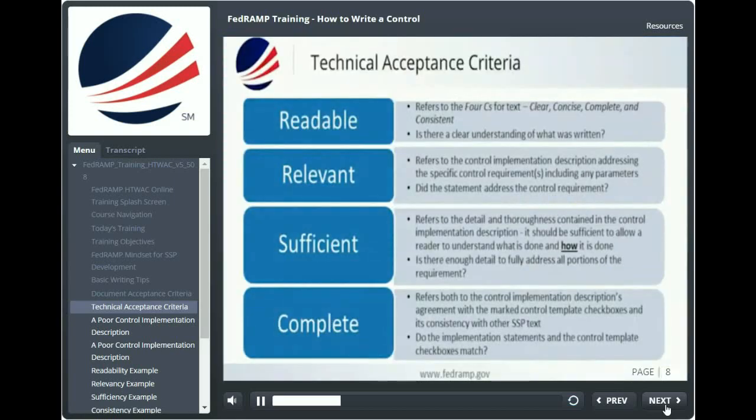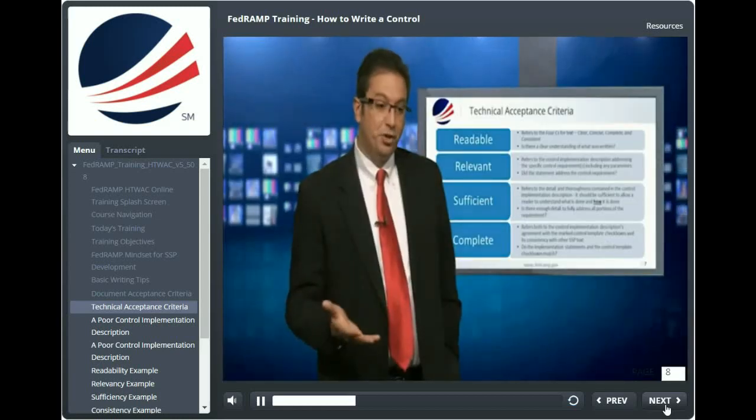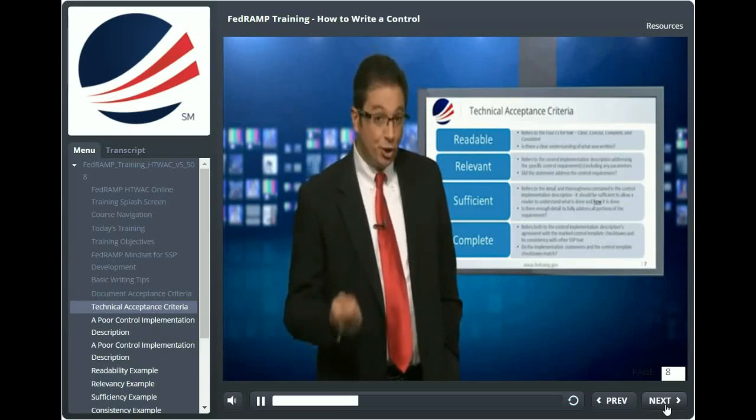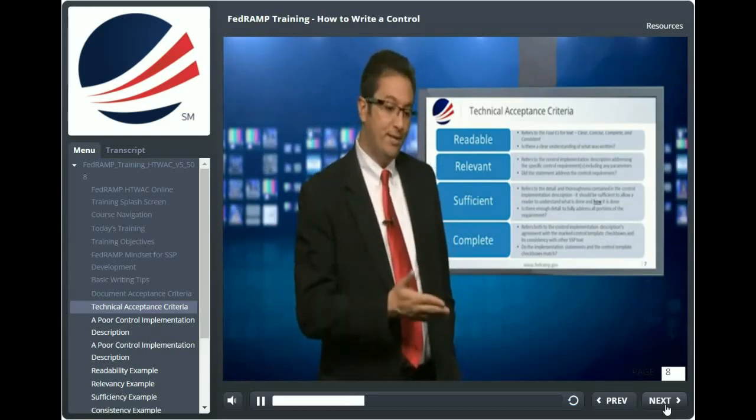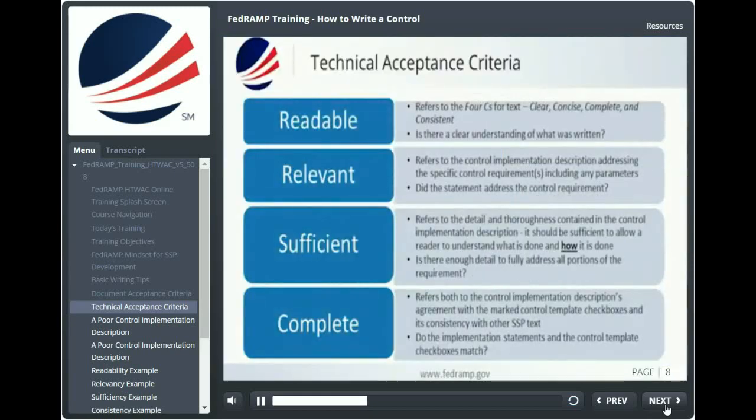All right, let's talk about sufficiency. Sufficient refers to the level of detail and the thoroughness contained in the control implementation description. Do you have enough information in there to convey your point? It should be sufficient to allow a reader to understand what is done, who's doing it, and most importantly, how it is done.